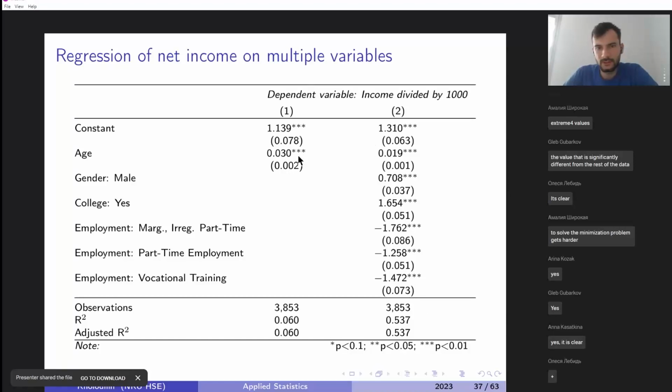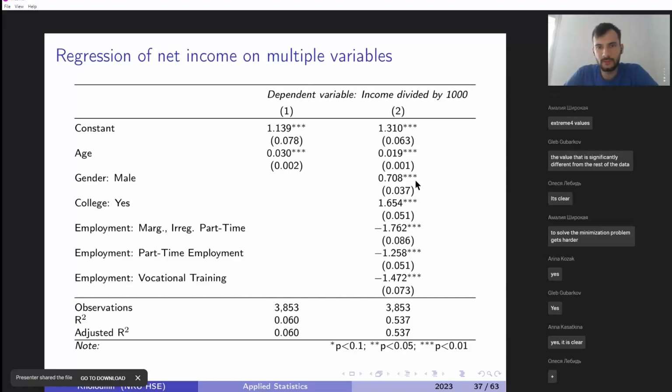You can see that now the coefficient for age changed a bit, right? Now your income is explained by other parameters as well. And probably we can expect some dependence inside the regressors, because college and age will interact a bit, I think. Then maybe some type of employment.